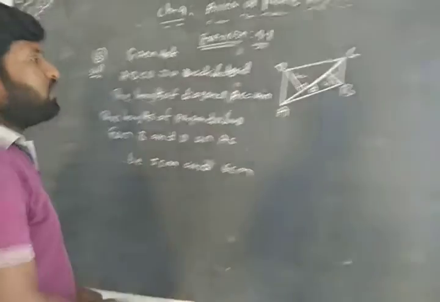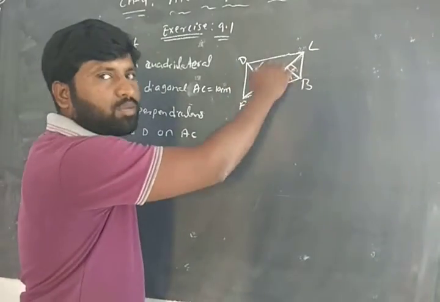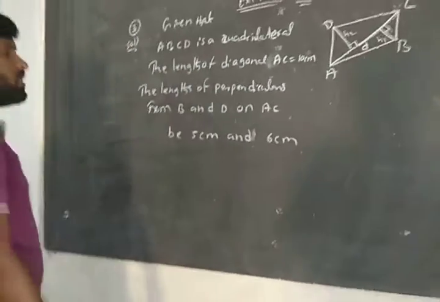Now I want to find the area of the quadrilateral ABCD. We know the formula.